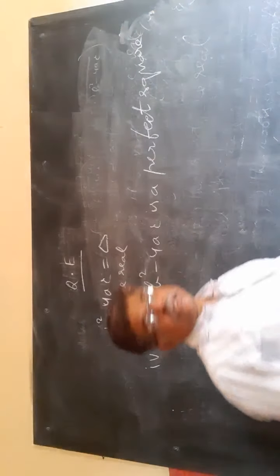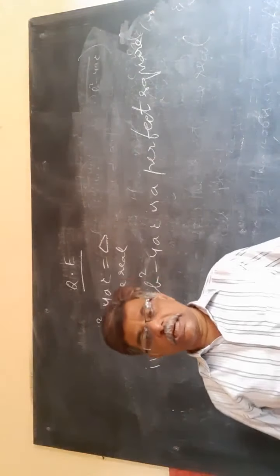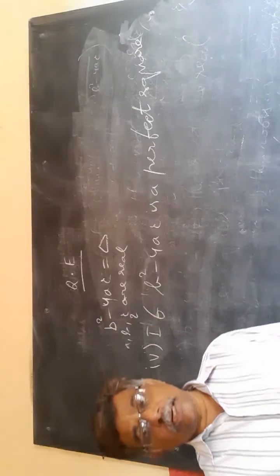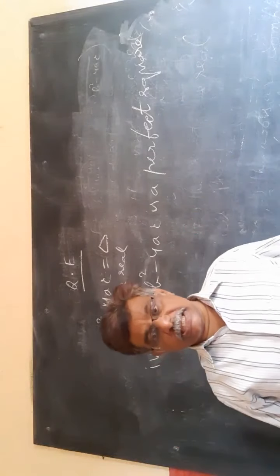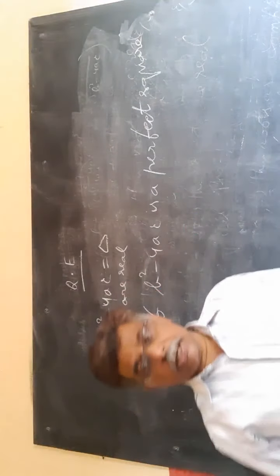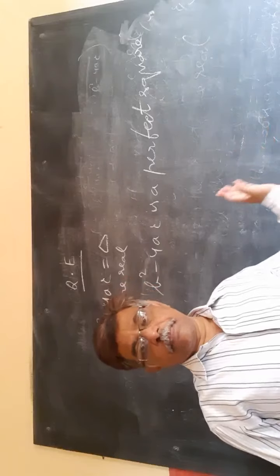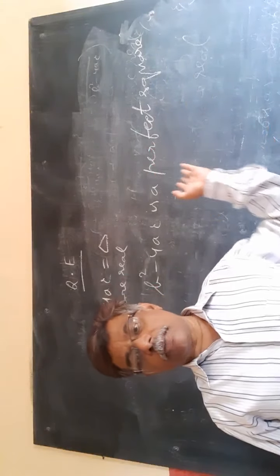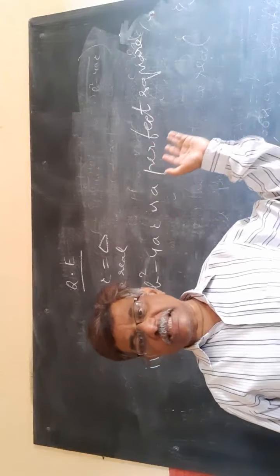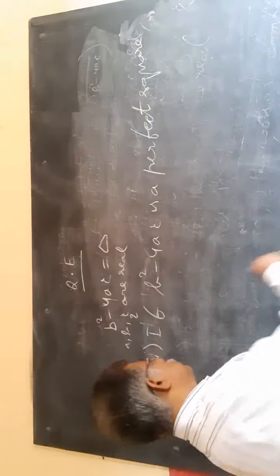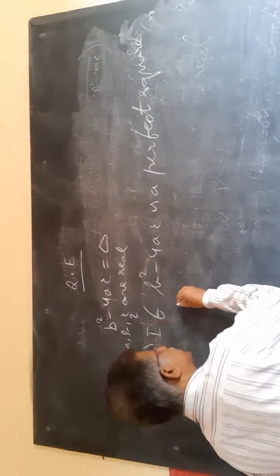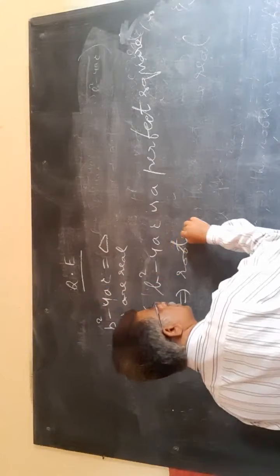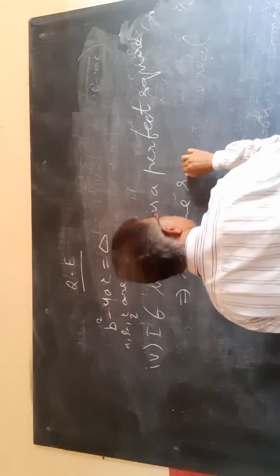Then the root of b square minus 4ac is a real number. So you will get minus b plus that real number, whatever it may be, by 2a. So you will get it in the form of p by q, so it is always rational. So b square minus 4ac being a perfect square implies the roots are rational.